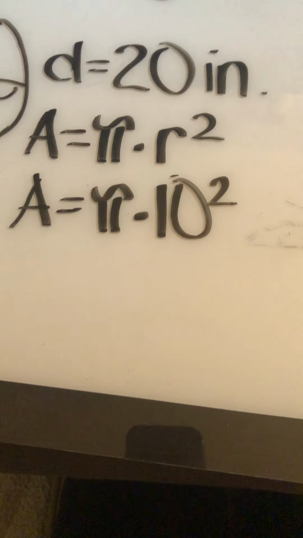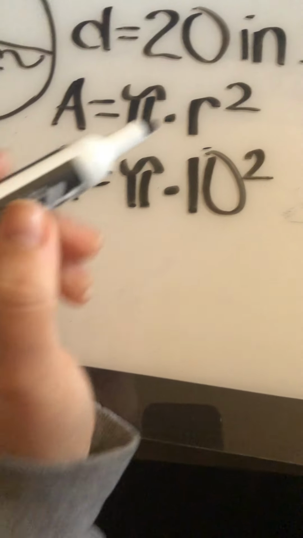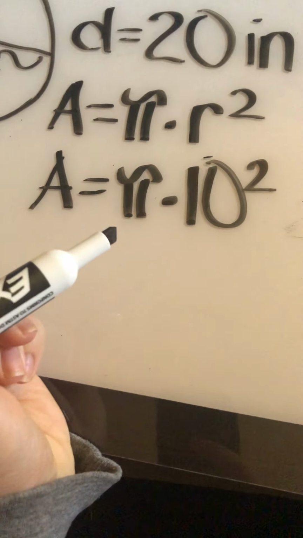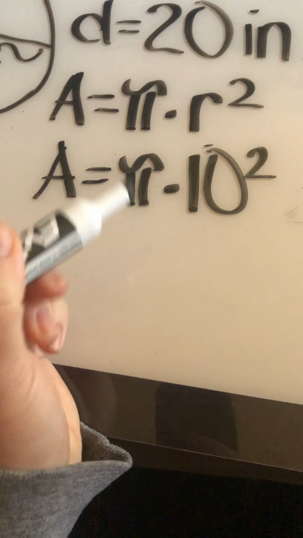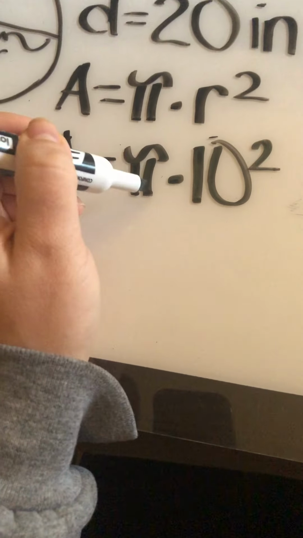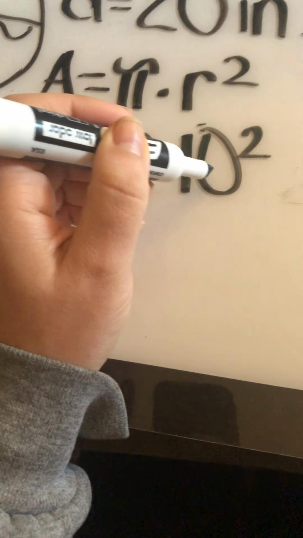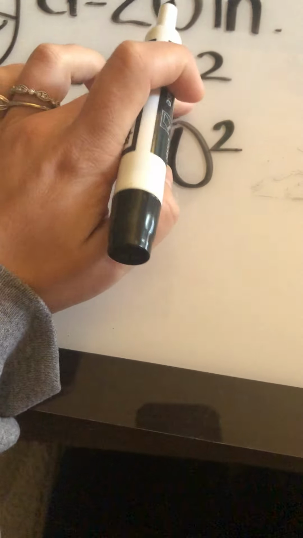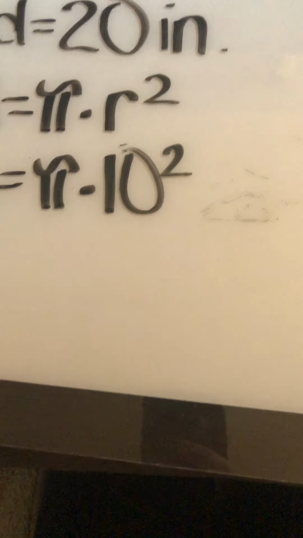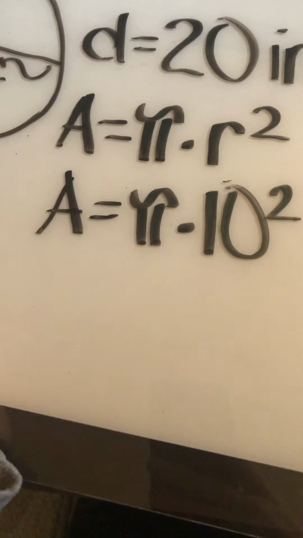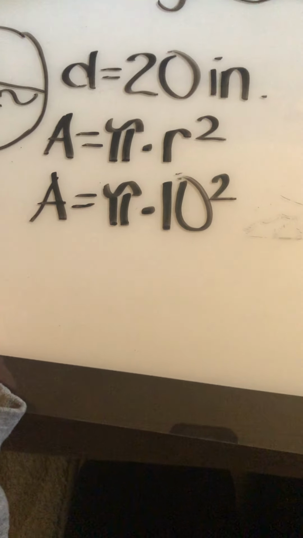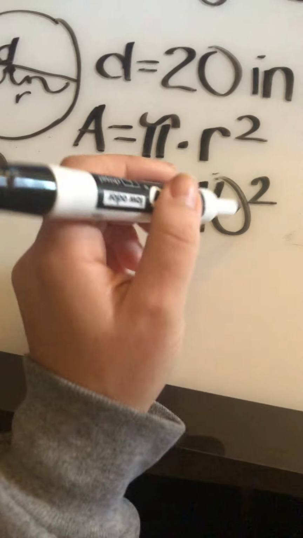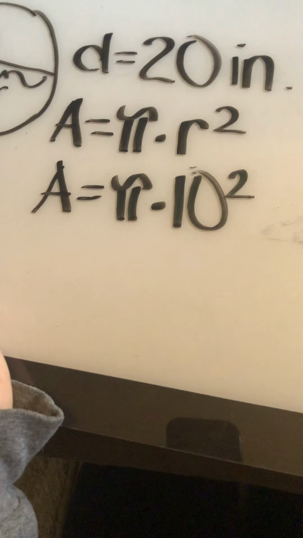Now, a few mistakes that I saw happen. Some of you were just multiplying pi and 10 and leaving it at that. Some of you were multiplying pi times 10 first and then raising that product to the second power. If we remember our order of operations, we have to do our exponents first. And that's what I modeled for you guys in yesterday's lesson, to do this part of the formula first.